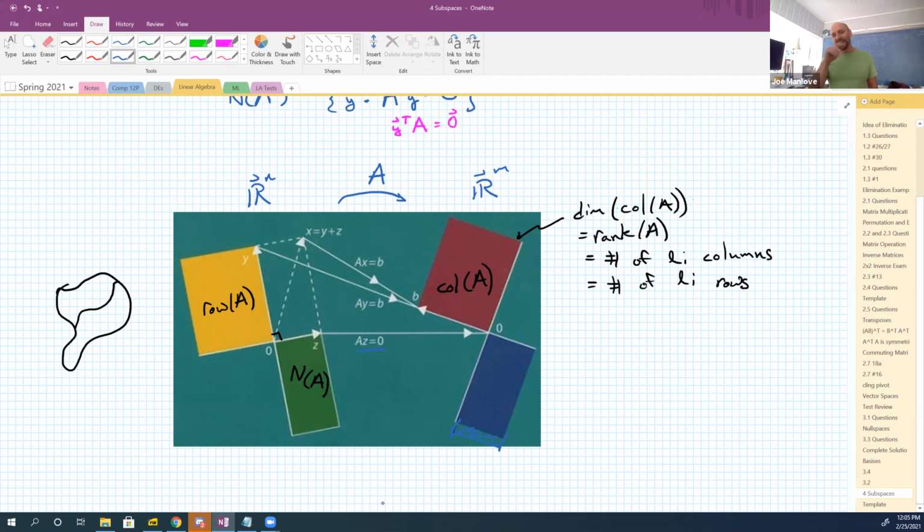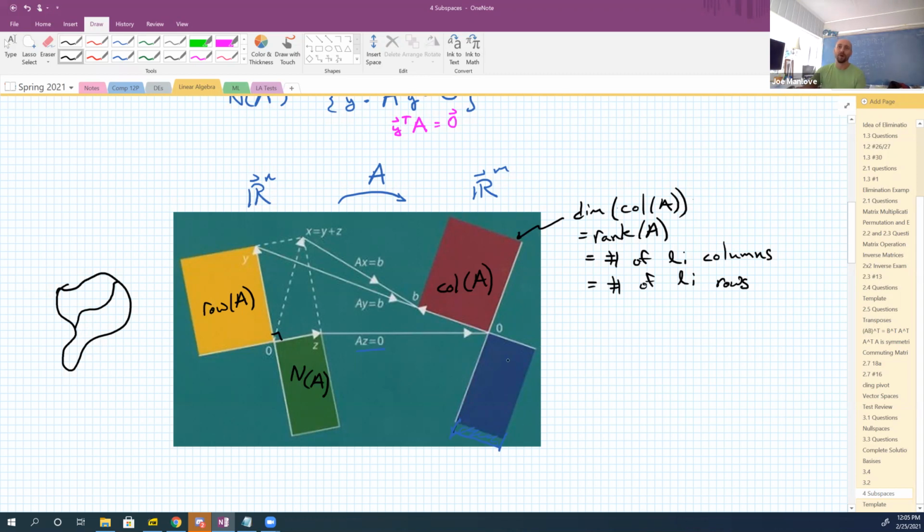So this is actually a really good point to wrap around and see if we understand. So what is the blue box? I think we're kind of guessing at what the blue box is. Anybody want to articulate that for me? So far, I've got the null space for the matrix. I've got the column space for the matrix. I've got the row space for the matrix, which is the column space for the transpose.